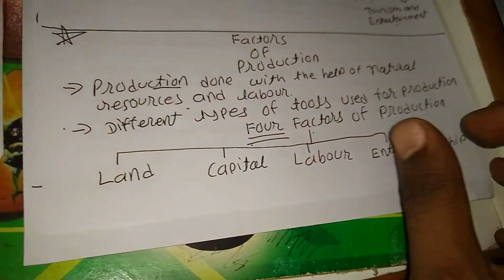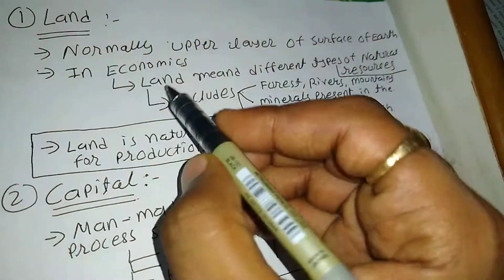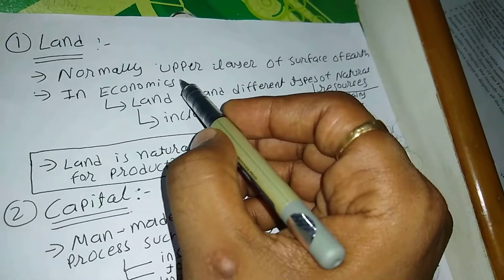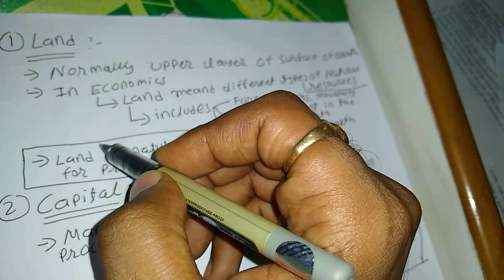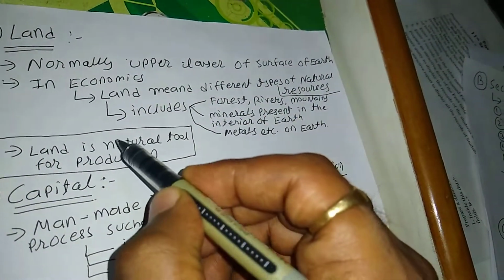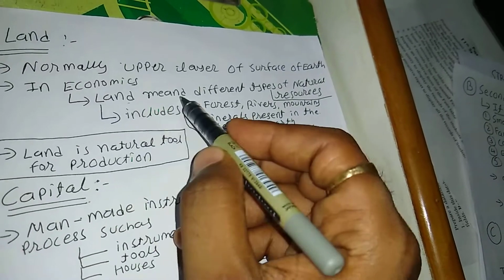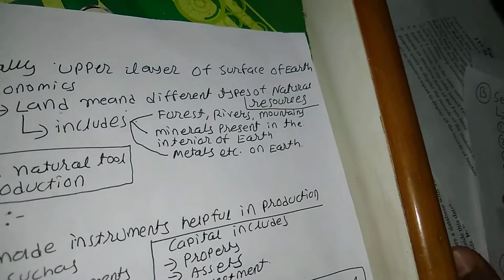Now we revise them term by term. First we talk about land. Normally the upper layer of the surface of the earth is known as land. But in the exam they ask for the economic definition. So in economics, land means different types of natural resources.